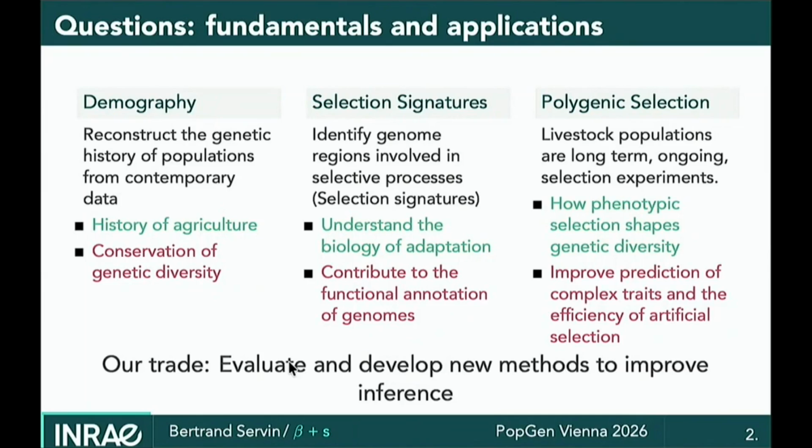Studying these populations can help to understand how phenotypic and genetic selection shape genetic diversity, and how the genome is responding to selection on phenotypes. All the phenotypes selected in these populations are complex, quantitative traits. Modeling this phenotypic polygenic selection can also improve the prediction of complex traits and possibly the efficiency of artificial selection. So that's what we do.